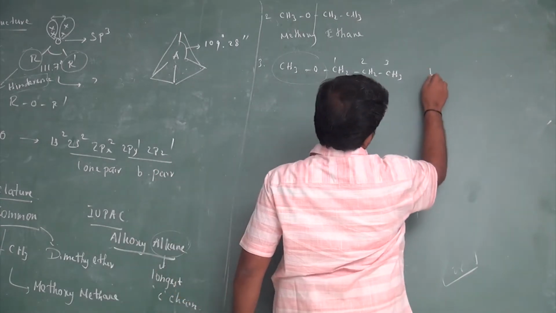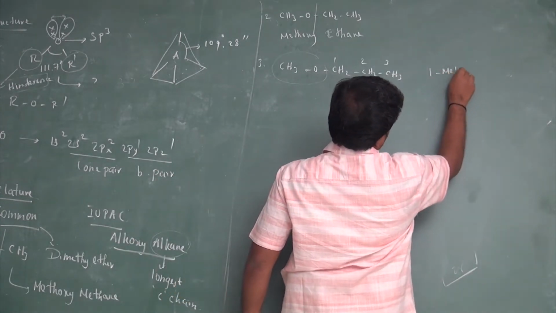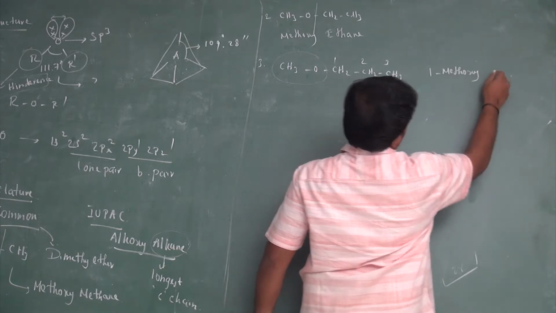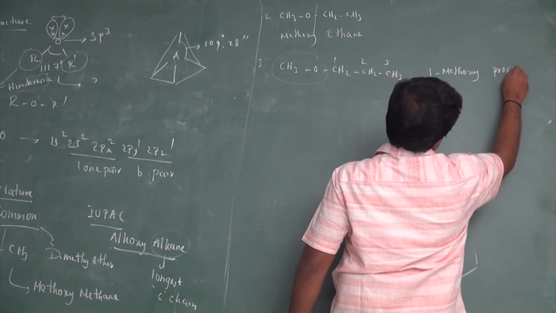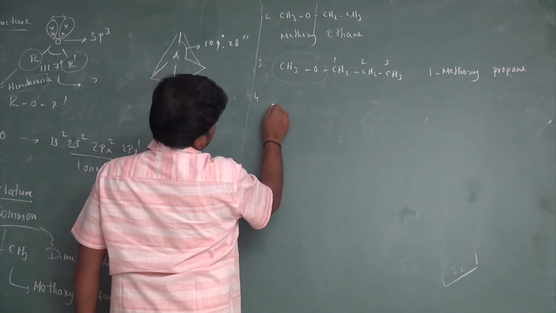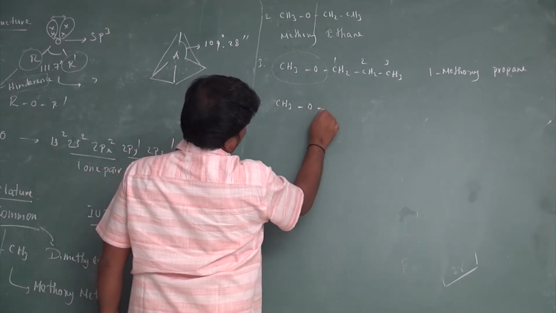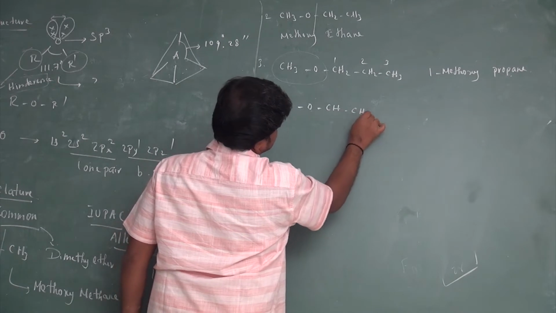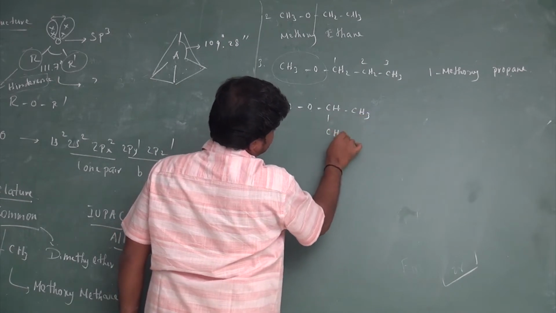So 1-methoxypropane. Then we may take the fourth one here: CH3O, CH, CH3 and CH3.